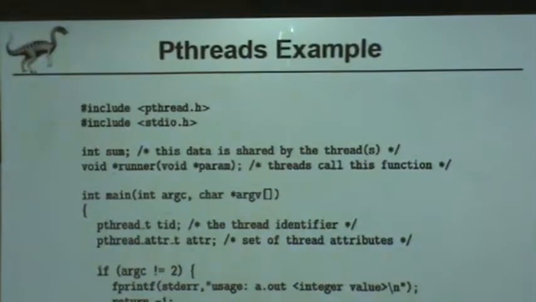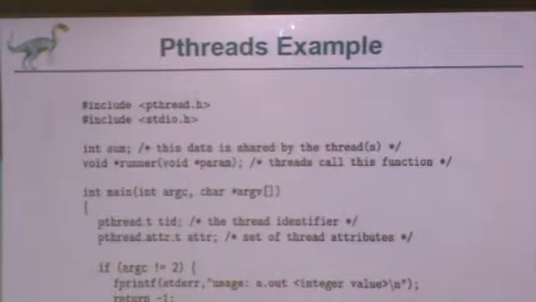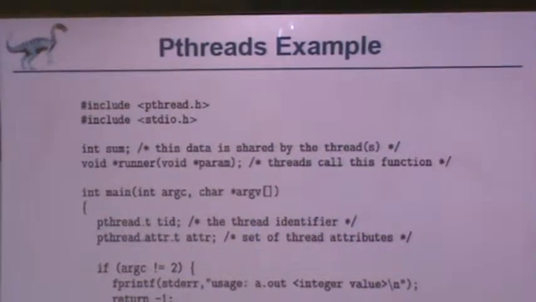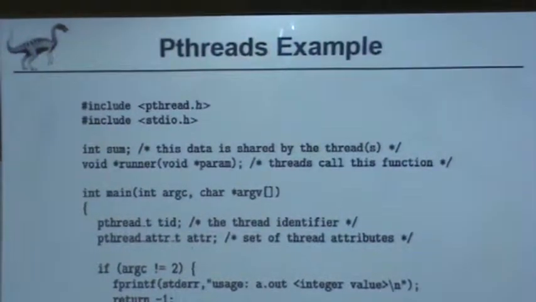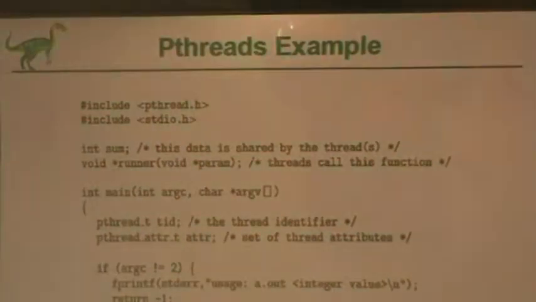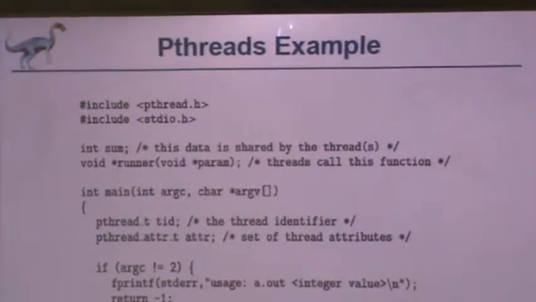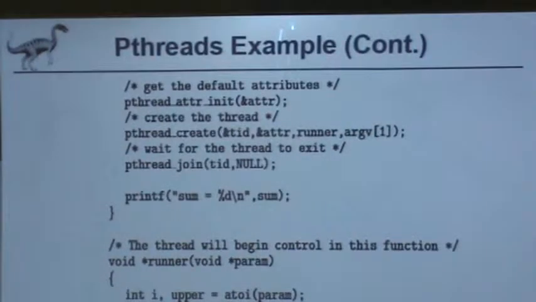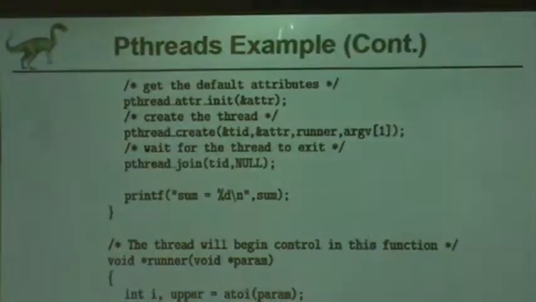So this is an example of creating a thread in C. In this situation, the main function is also the parent thread.